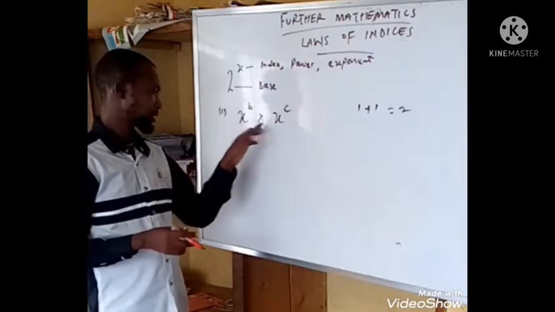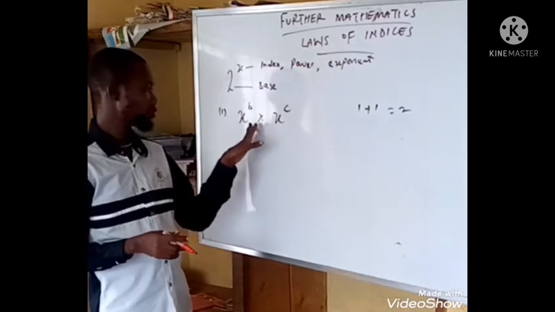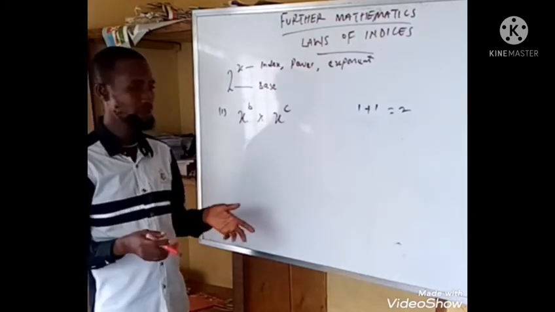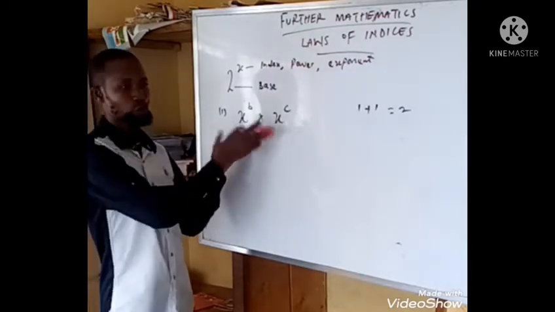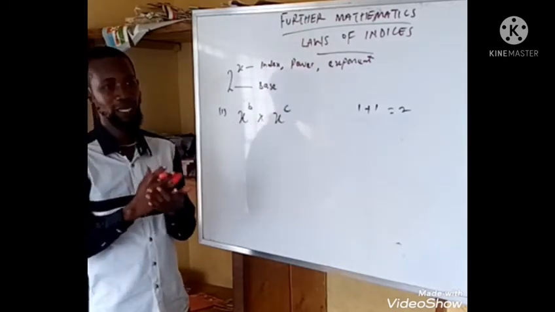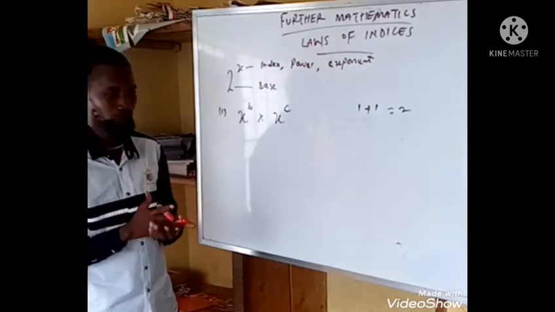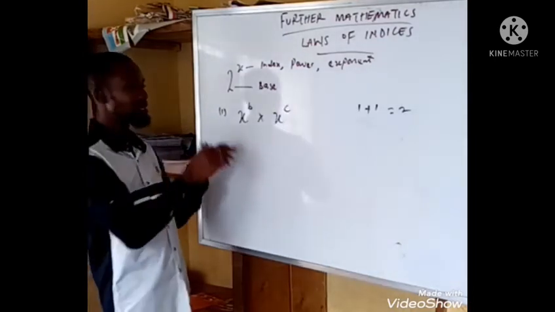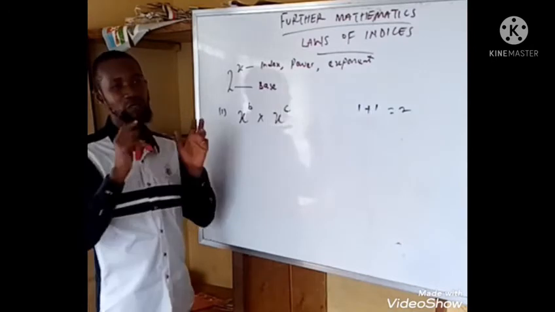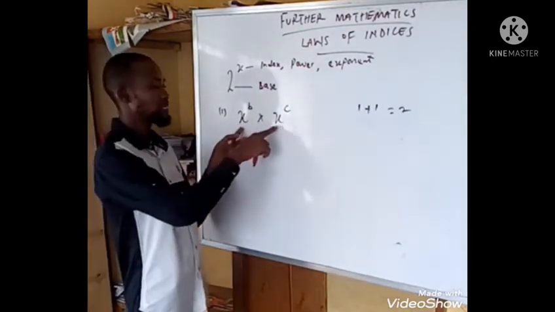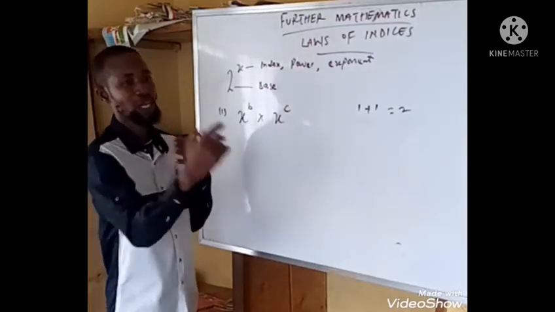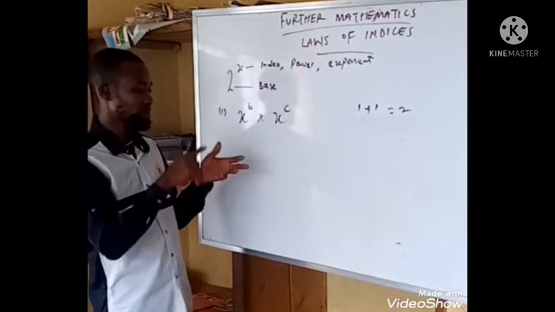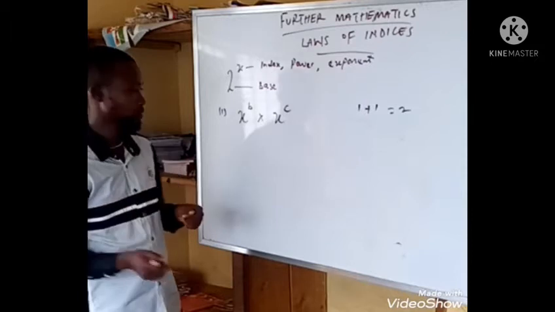If the two bases in the question we are solving are not the same thing, then the law of indices has no place in such a solution. So, number one, the two bases have to be the same, so that one of the two can be selected in order for us to progress, especially in the aspect of multiplication as well as division.